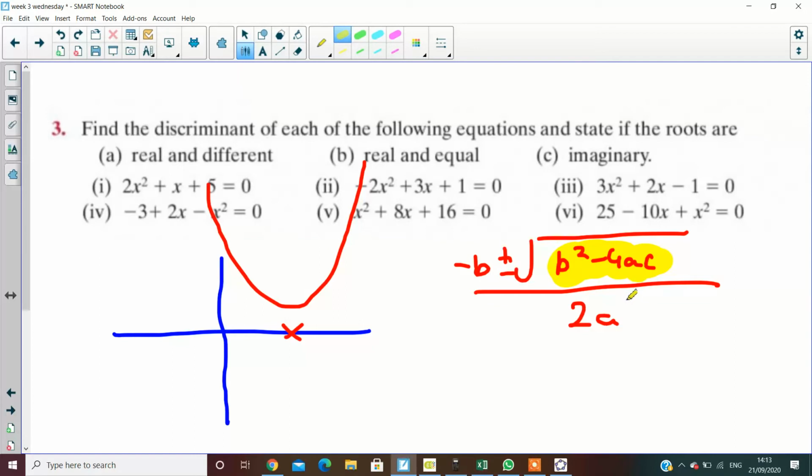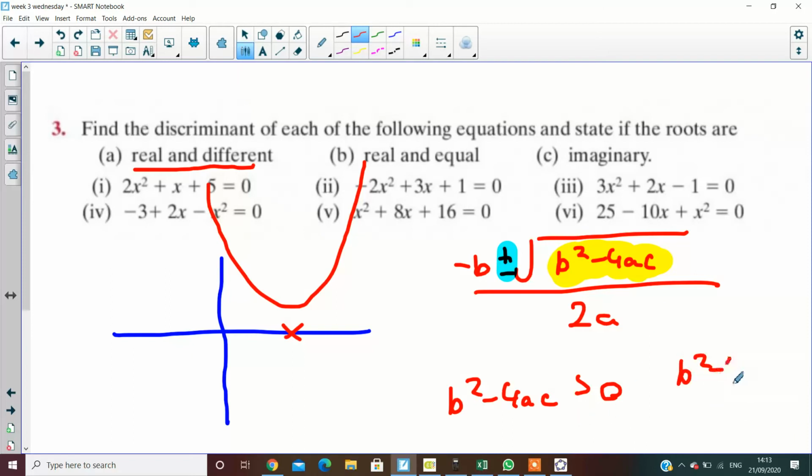Would you agree with that? And you see the plus and minus? When the yellow answer is positive, so when b squared minus 4ac is bigger than 0, it means you'll have 2 real and different answers. Does that make sense?